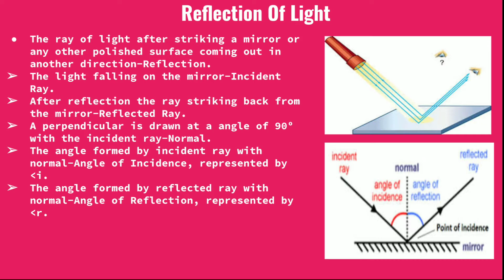And the angle of reflection is the angle which the reflected ray makes with the normal, which is represented by angle small r. This is the reflection of light.